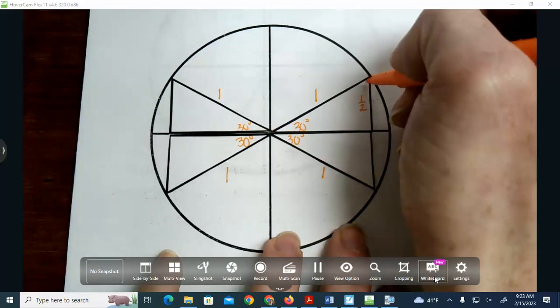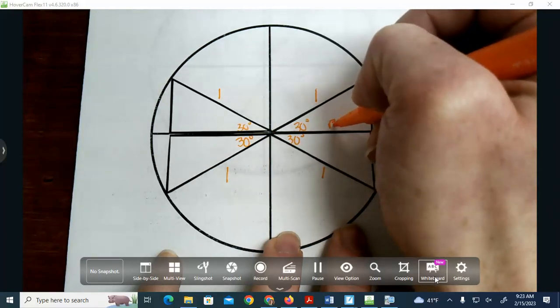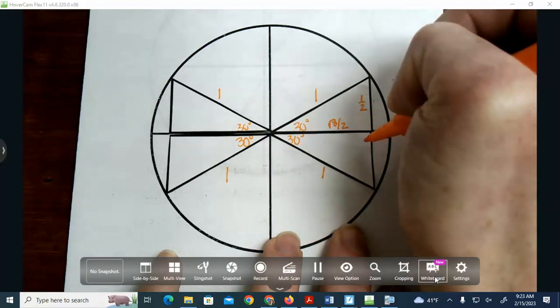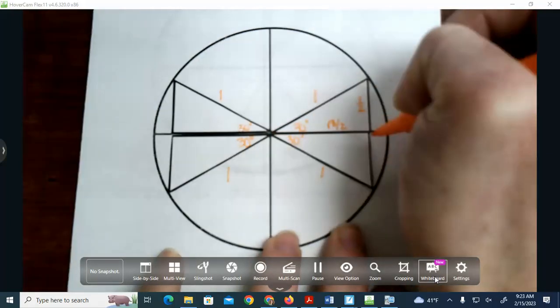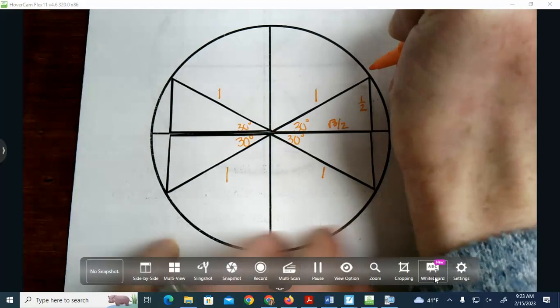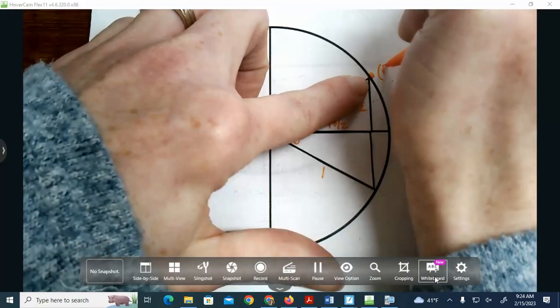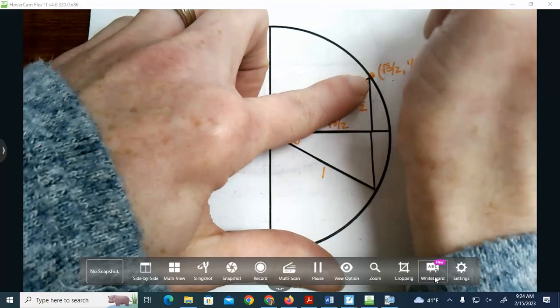Okay, this would have been a 60-degree angle, so the side opposite 60 was radical 3/2. So if you're trying to talk about the point on the circle, you go over radical 3/2, up 1/2. So this point right here on my circle is radical 3/2, 1/2.